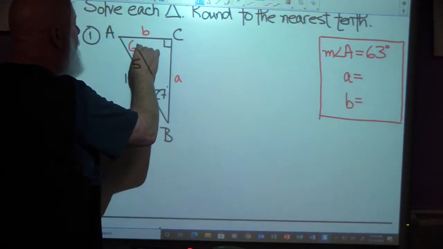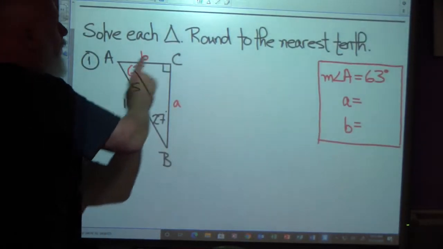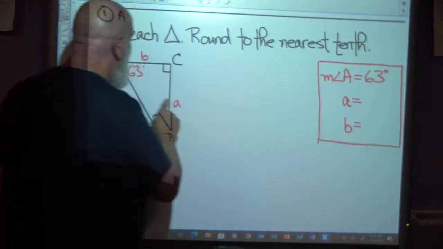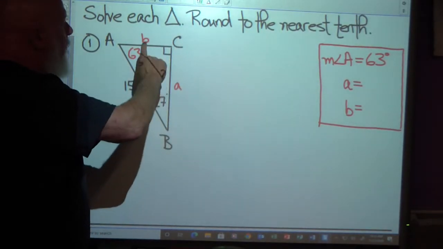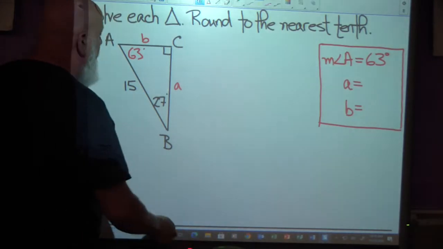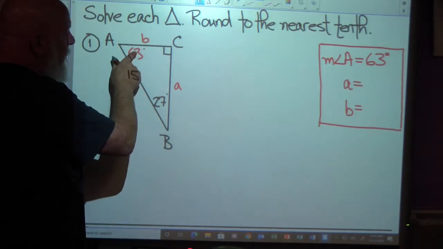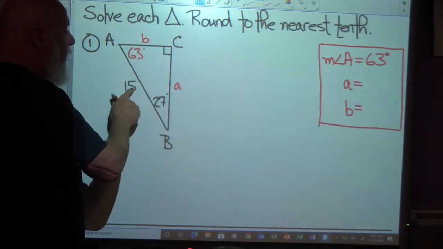And we don't have to round that because it's an exact value. Our instructions say round to the nearest tenth, but that's not necessary in this case. Next thing I want to do is find either A or B using a trig function. From the perspective of 63, the sine is A over 15 or the cosine is B over 15.